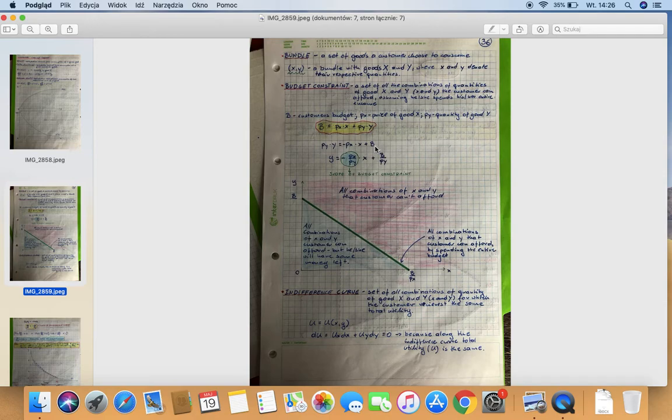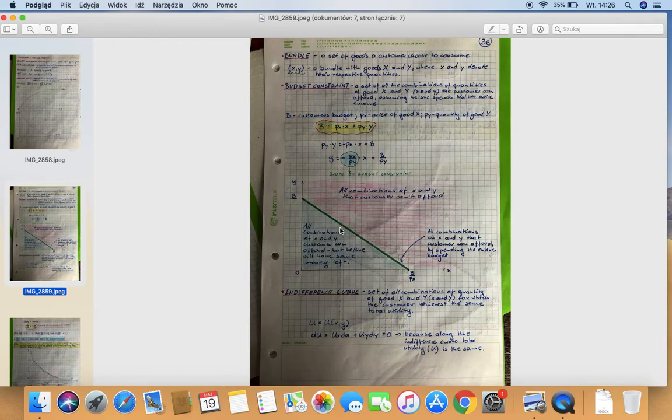You divide your budget by the price of good X. 100 divided by 5 gives us 20. So here we would have 20. And the straight line you see over here shows you all the combinations of quantities of good X and Y that the customer can afford, assuming the customer spends his or her entire budget.